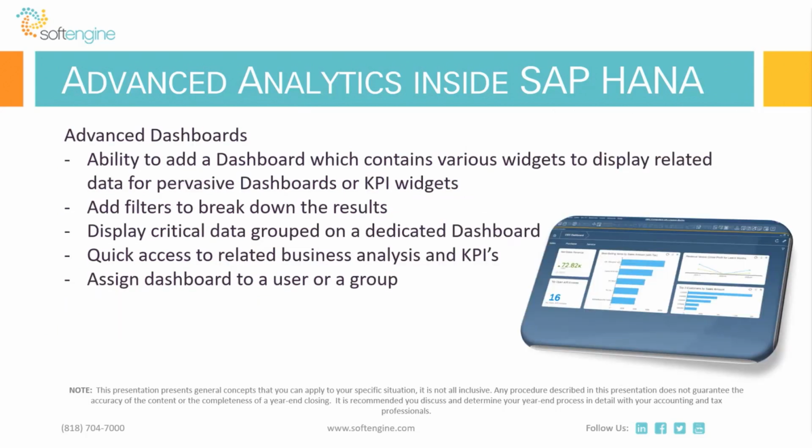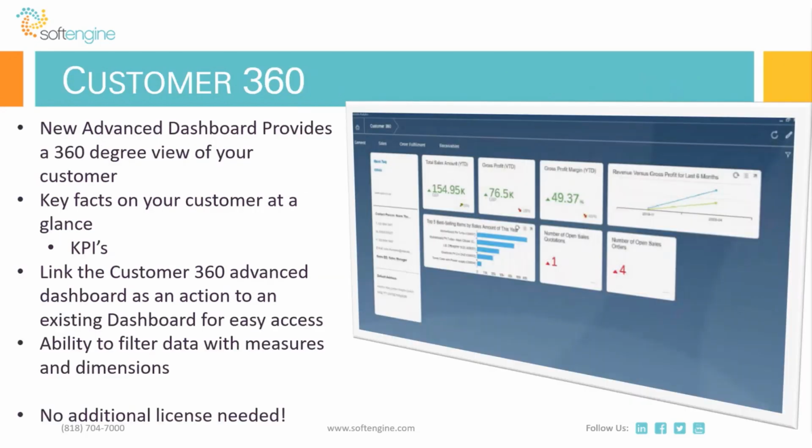The advanced dashboard is a customer-specific view of that customer's data, where the users have the ability to further analyze the dashboards by filtering additional measures and dimensions, grouping information that is important to them. The Customer 360 is an example of one of those advanced dashboards.